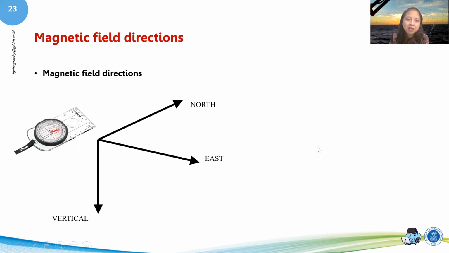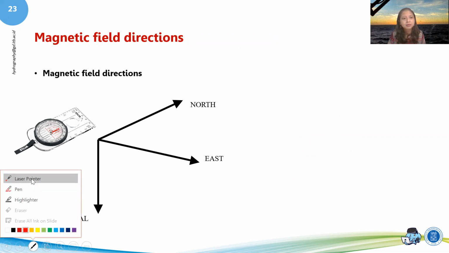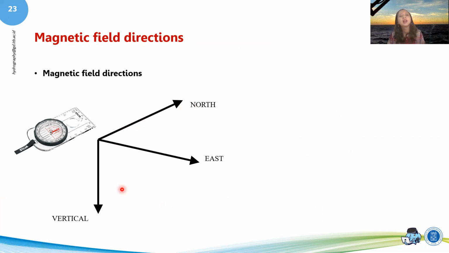So maybe we just illustrate it with a compass here. So you've got your north and east in here. And we can imagine that if the needle at the compass is pointing somewhere, there's a deviation to the north. So that's our horizontal magnetic field direction.